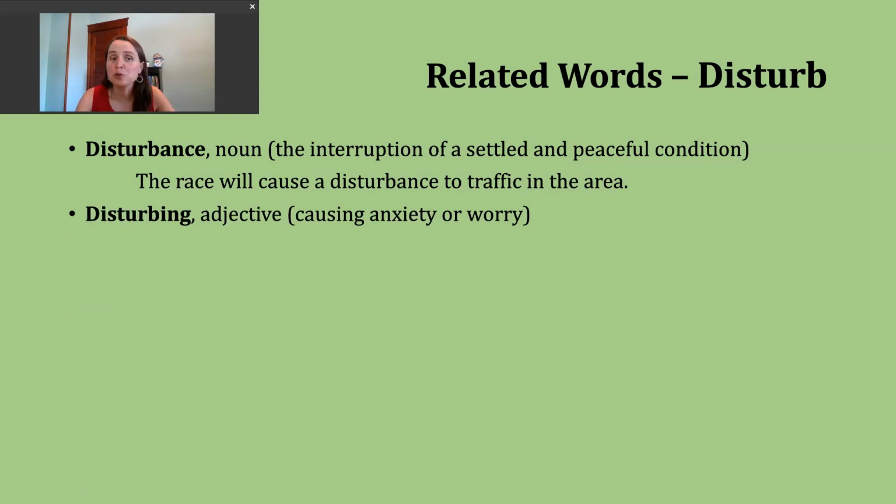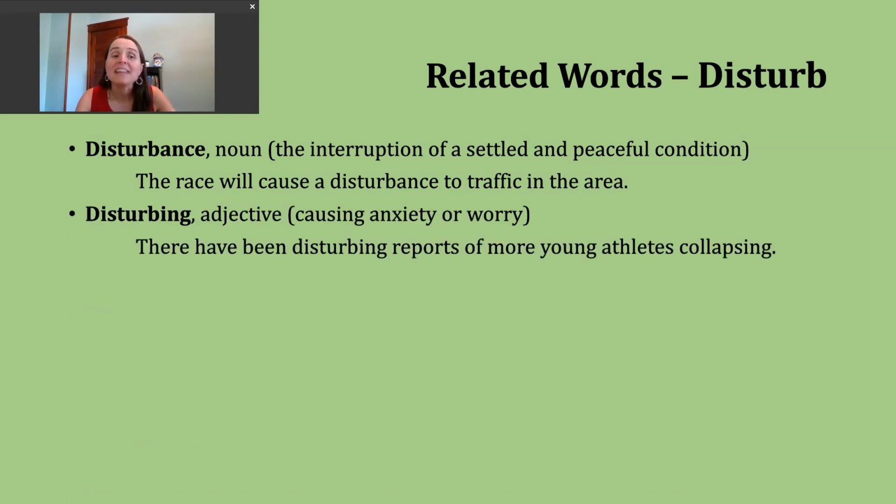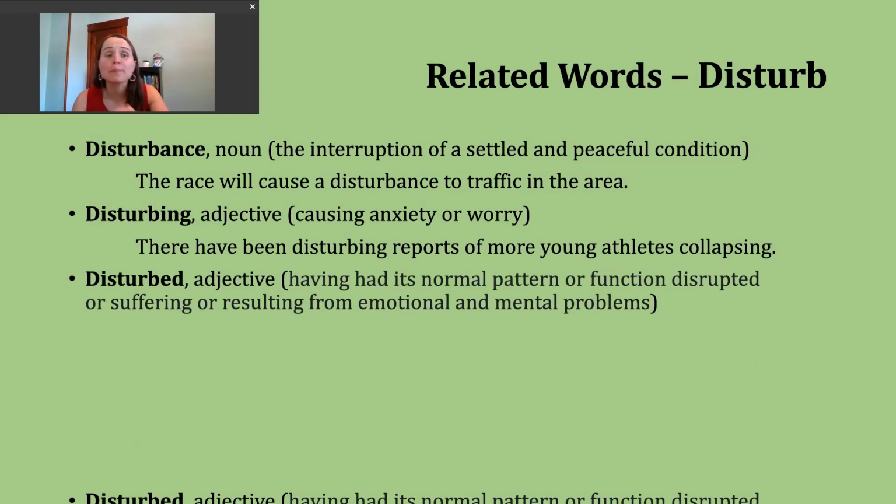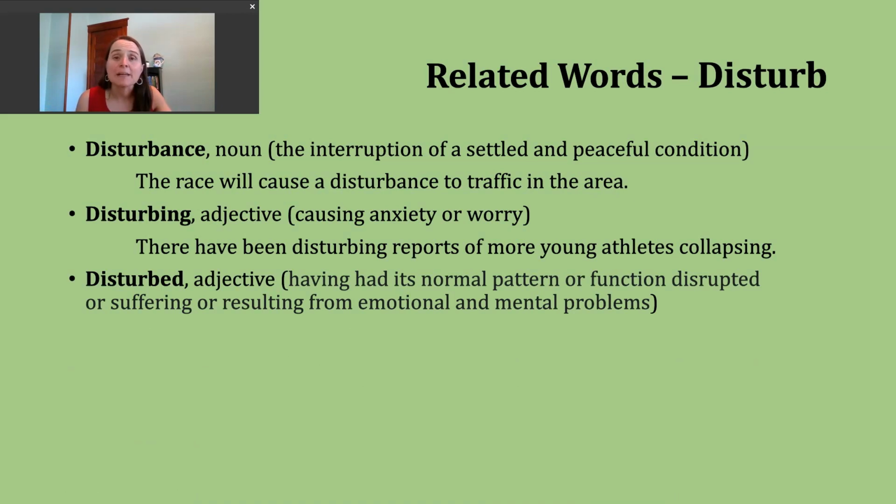The next two words that I want to talk about are the adjectives disturbing and disturbed. And this happens with a number of adjectives in English, where we have one adjective that has ing, one that has ed, and I've had students over the years always tell me it's very confusing to know which one to use.